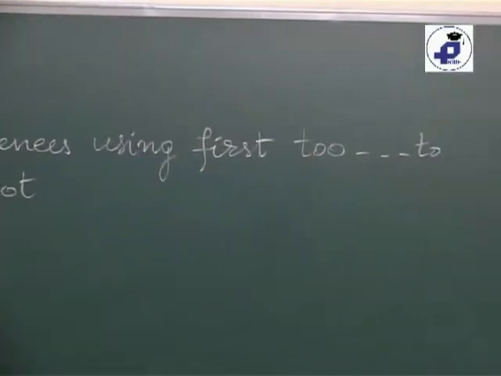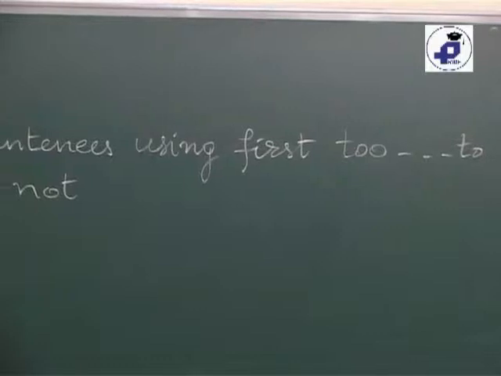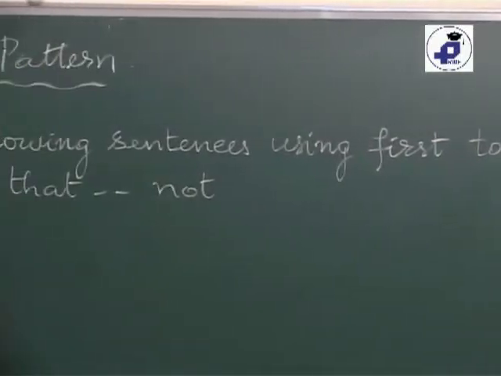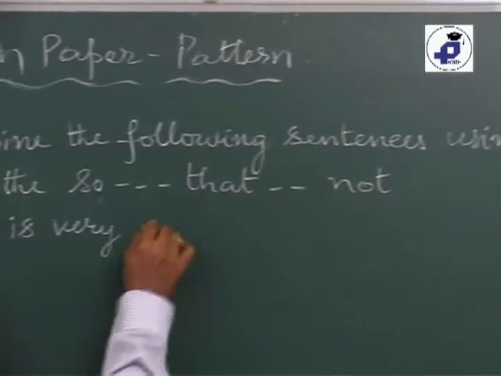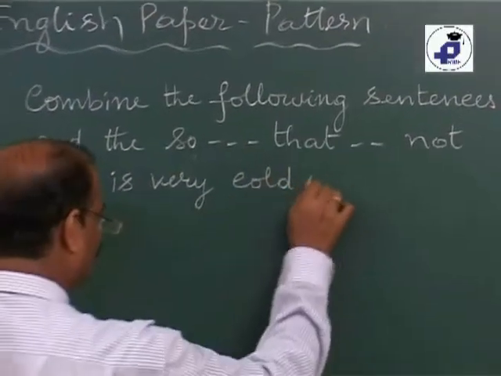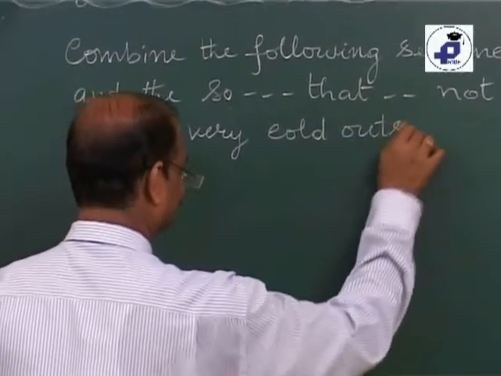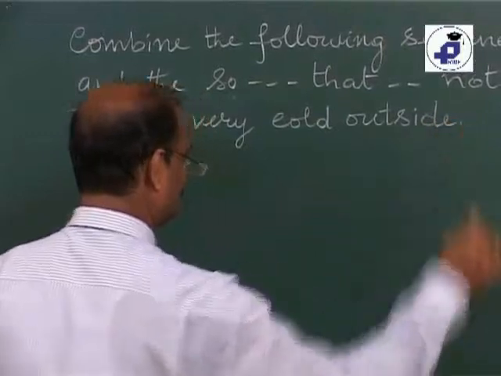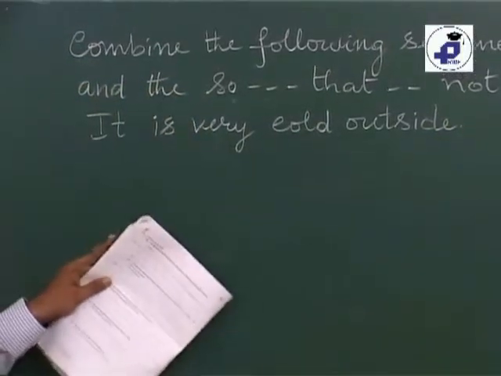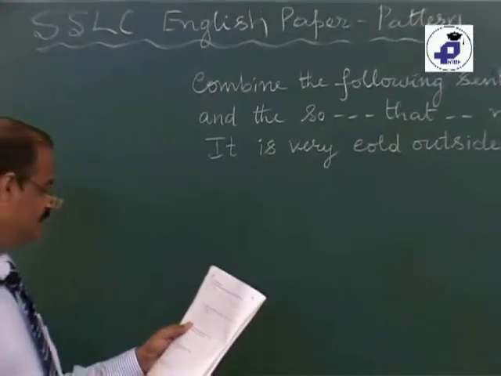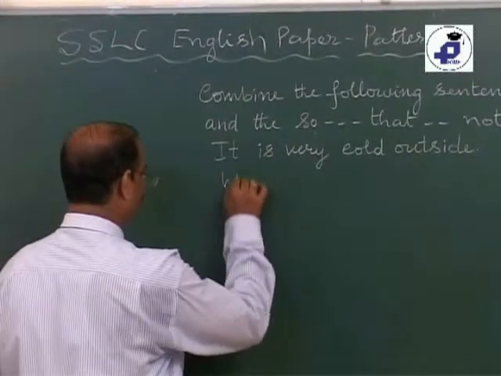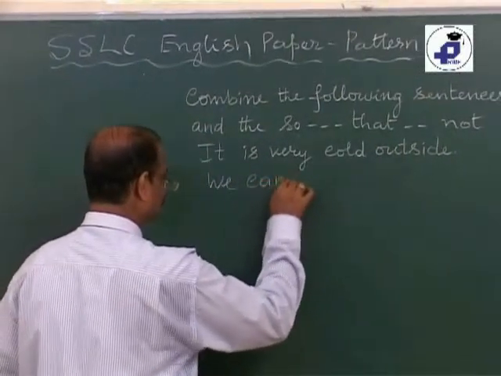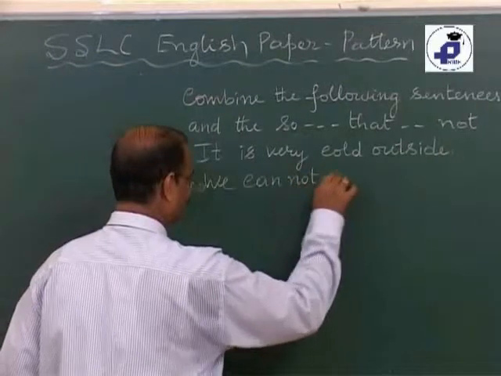Sentences are like this. It is very cold outside. First sentence is, it is very cold outside. Second sentence is, we cannot go out.